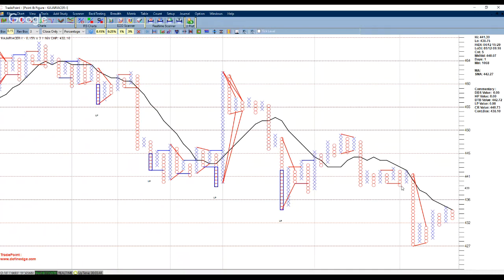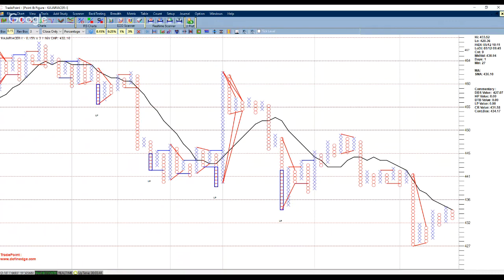So your entry is going to be at 438.10, and your stop loss is going to be at 445, and your position would have been stopped out here when the buy signal got triggered, right?